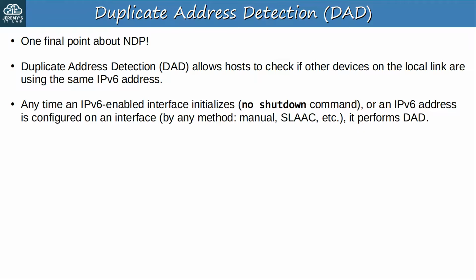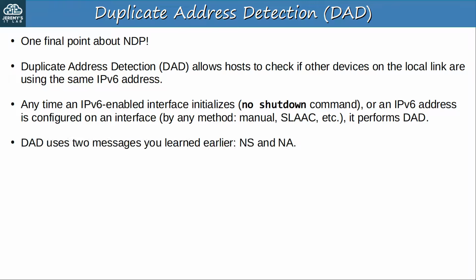Anytime an IPv6 enabled interface initializes, for example via the no shutdown command, or an IPv6 address is configured on an interface, for example a manual IPv6 address or a SLAAC address, the device performs DAD to check if another device is using that same IPv6 address. DAD uses two messages that you already learned earlier, neighbor solicitation and neighbor advertisement. So that's good news. You don't have to learn any new message types.